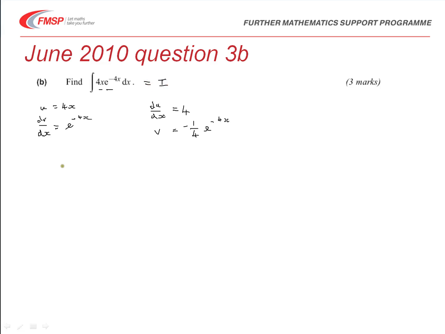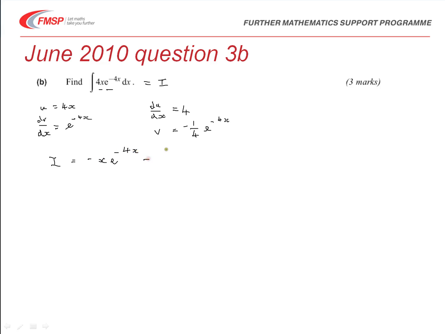To save a bit of writing, we'll get the fact then that I becomes, we know the result is uv minus the integral of v du dx, so this becomes uv, so that's minus 4x times the minus a quarter e to the minus 4x, which is just going to give us minus x e to the minus 4x.